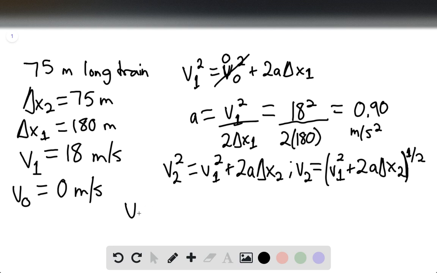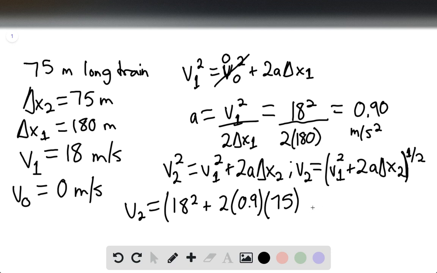And if we solve, we can say that this is going to be equal to 18 squared plus 2 times 0.9 times delta x sub 2, so this will be 75, all to the 1/2 power, and we find that the velocity of the train as the last car passes the worker is going to be equal to 21.42 meters per second. So this will be our final answer.